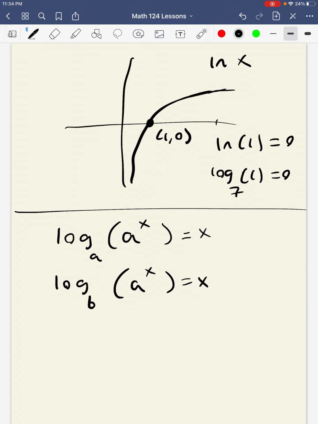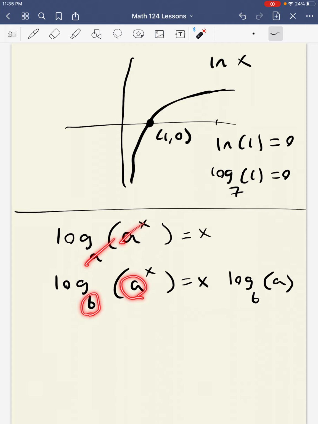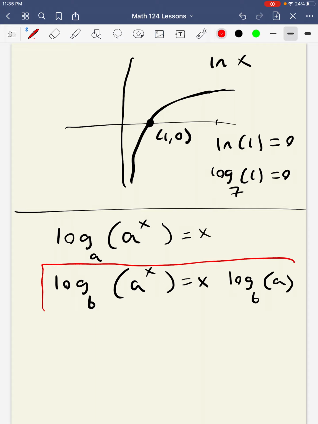Well, here we could bring the x down, but then we're left with x times log base b of a. So when they're inverse functions, it's nice because it'll cancel, but if the bases are not the same, then it's not so pretty. But this still is a useful formula. It could help us solve a lot of equations.